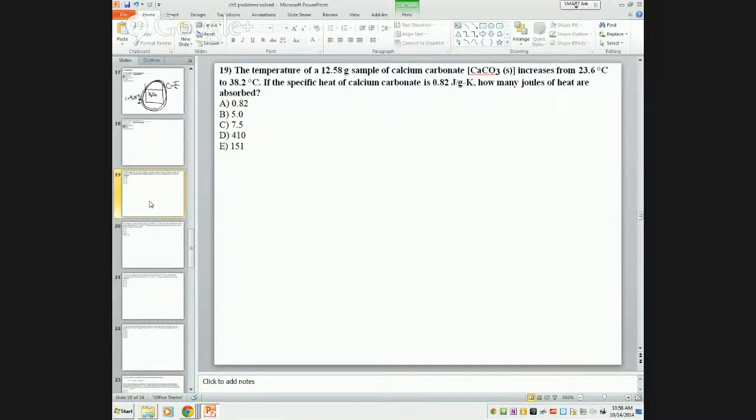Take a look at 19. It says the temperature of a 12.58 gram sample of calcium carbonate is increased from this temperature to that temperature. If the specific heat of calcium carbonate is this, how many joules of heat are absorbed?